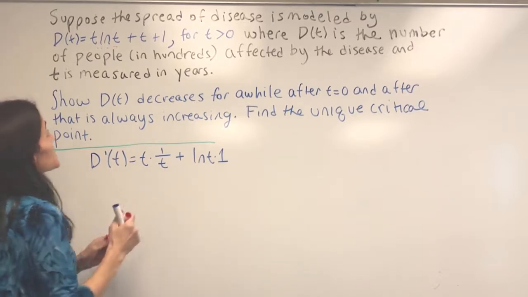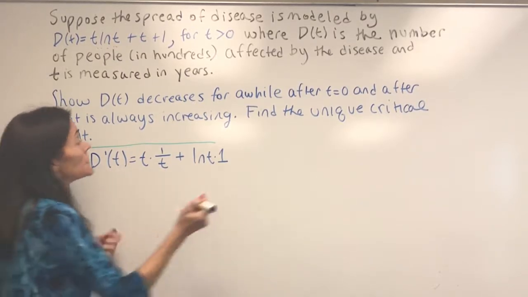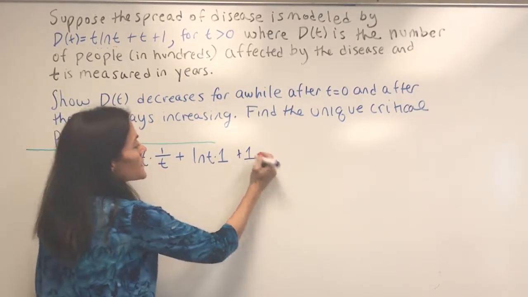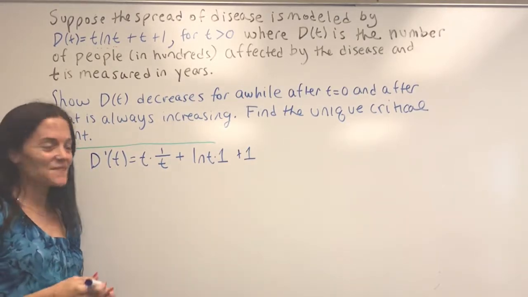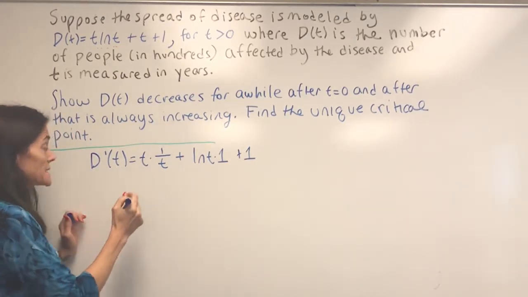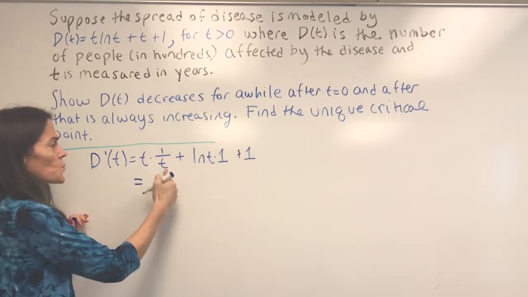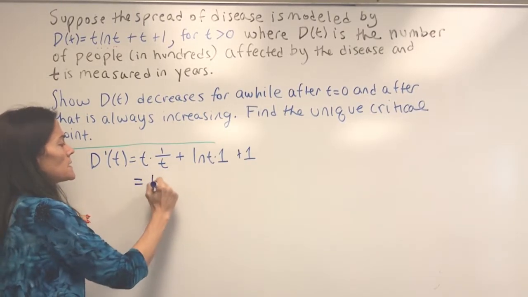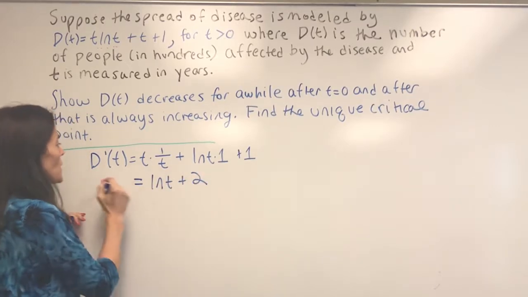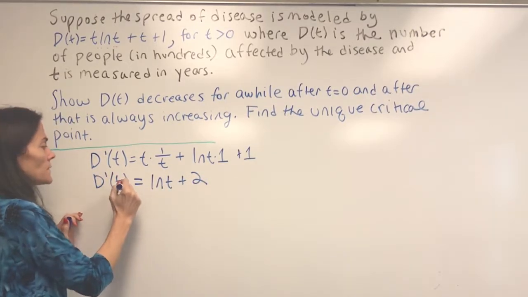The derivative is here. And then I differentiate t. And then differentiating the 1, we have 0. So if I need to set this to 0, which I do, I might slightly clean it up. This is 1, then I have ln t, so I get ln t plus 2. So this is my derivative.